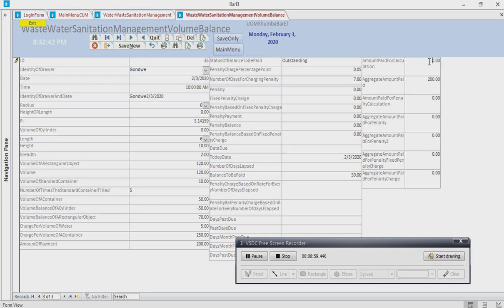So let us say you have paid 30 kwacha. You know that the total amount which has been paid now is 230. So you will put 0 and put 230 here, to present the total amount which has been paid.